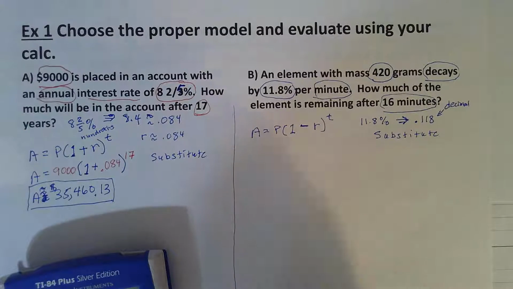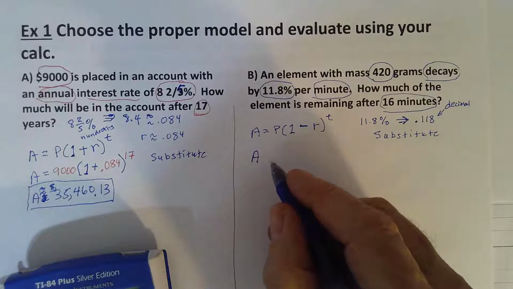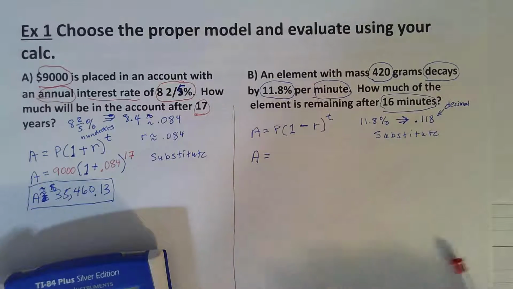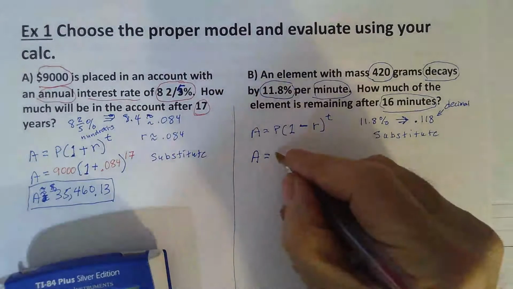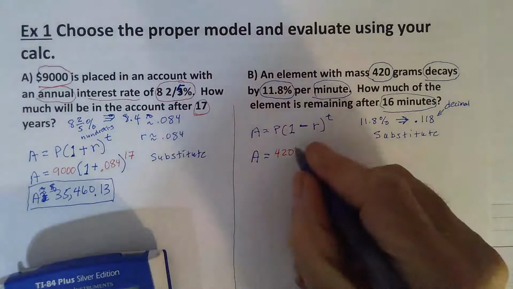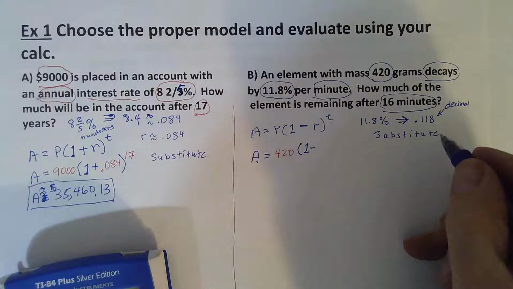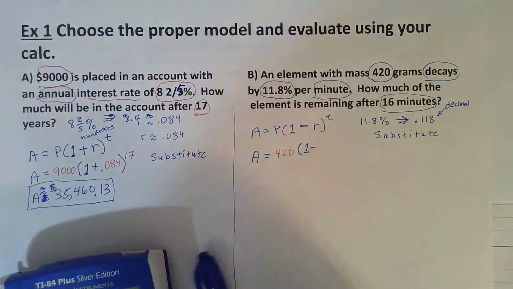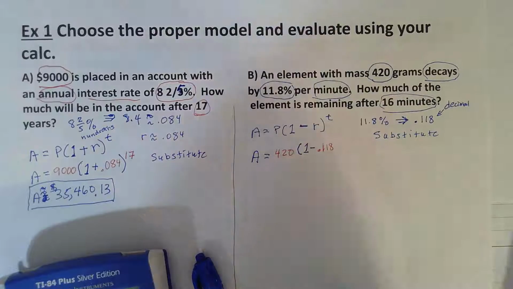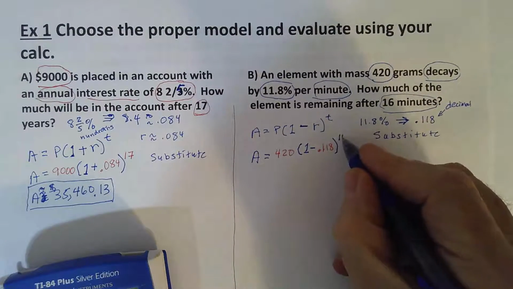So the amount after, that's what A is, equals the principal, which in this case is 420, times 1 minus whatever the rate is, which is 0.118 here. And then the time is 16 minutes, so to the 16.